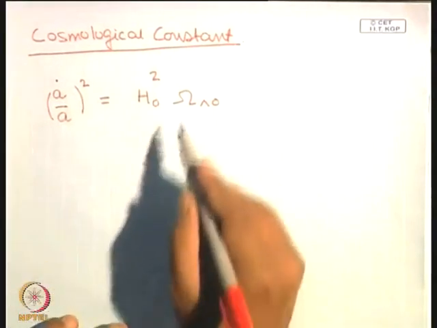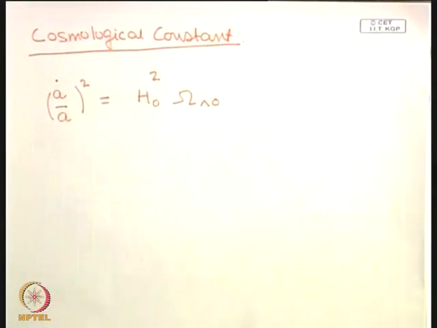For a cosmological constant there is no dependence on the scale factor. This is the equation that you have to solve, and the solution to this equation is quite obvious.